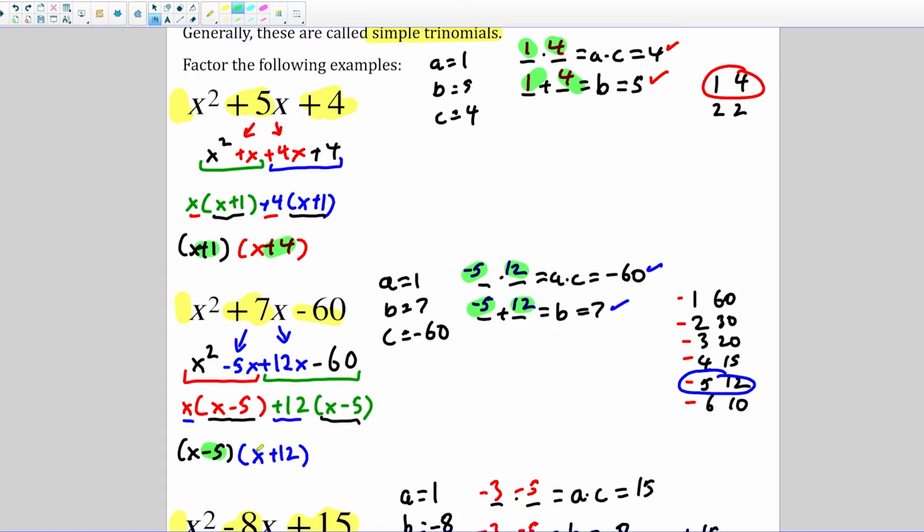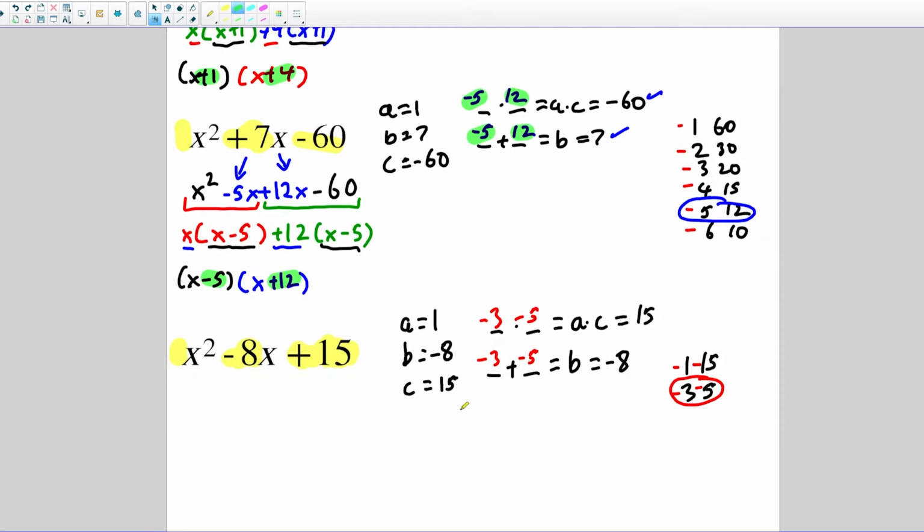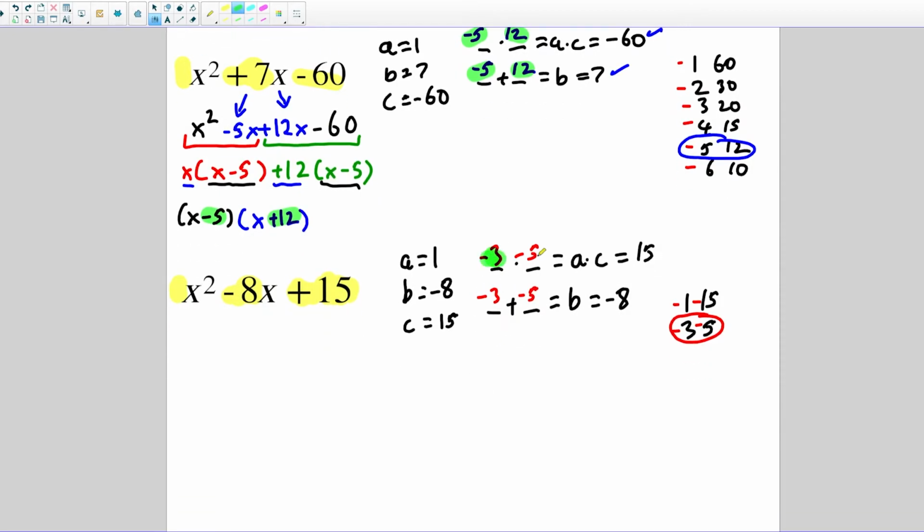Well, really all we're doing is we're taking these two numbers and they slot right into our factors. So what we can do is go straight away from this step and say that the factored form of x squared minus 8x plus 15 is simply going to be x minus 3 and x minus 5.